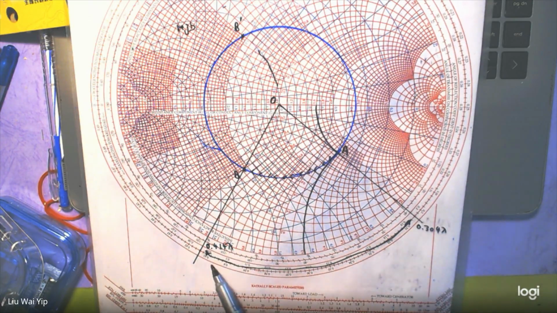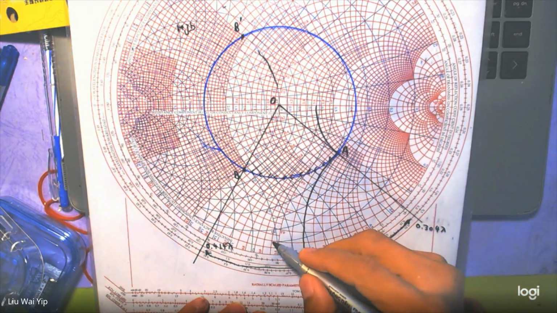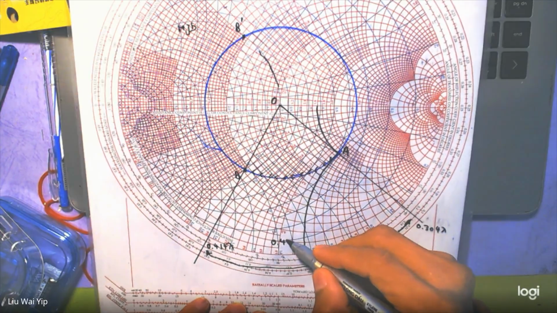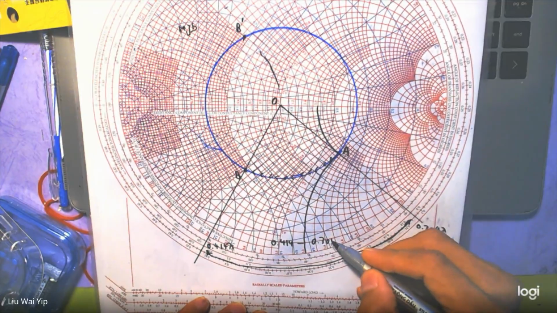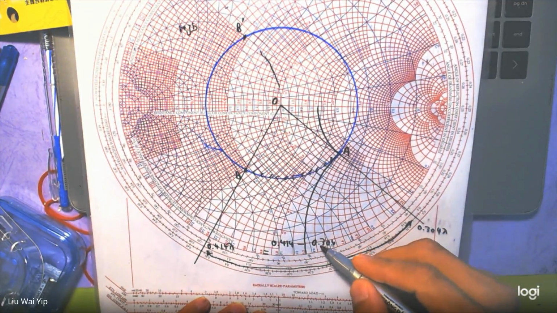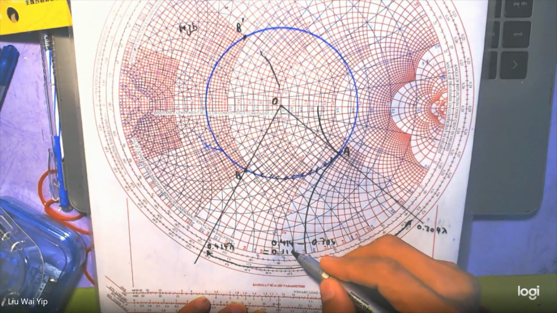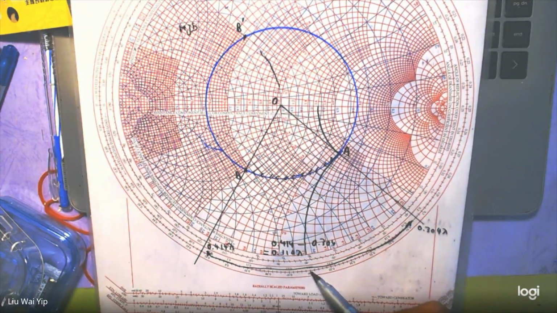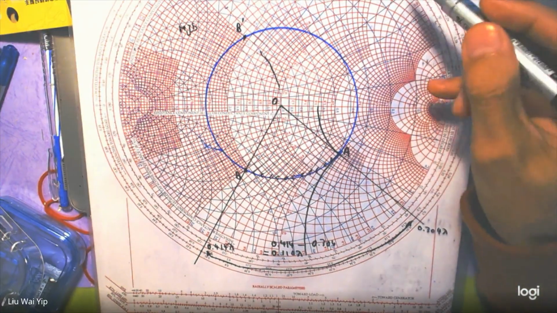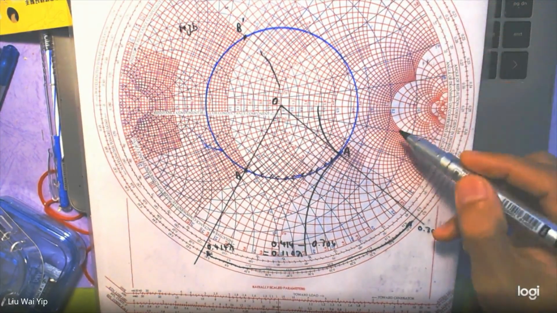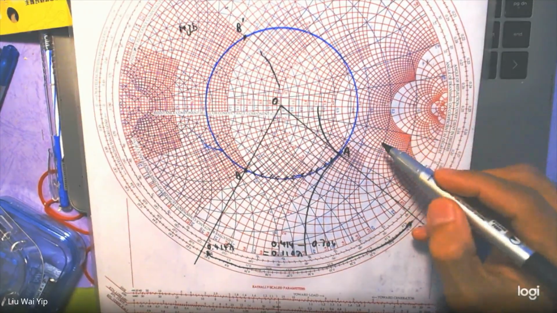So in other words, the location of the stub can be found by the angle here: 0.414 minus 0.304, and I get 0.110 lambda. So this will be the length of the transmission line. So I'm going to draw my solution here.